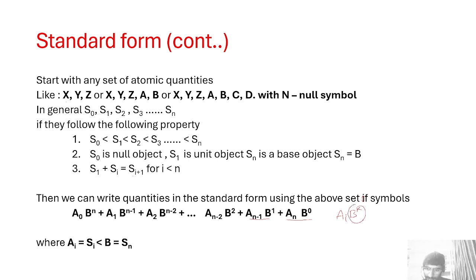And b is here the largest symbol, which represents the maximum or highest quantity, right? a_i can take a value from S0 to Sn minus 1. It is given by this constraint here, right? So a_i will be S_i, but S_i should be less than b.